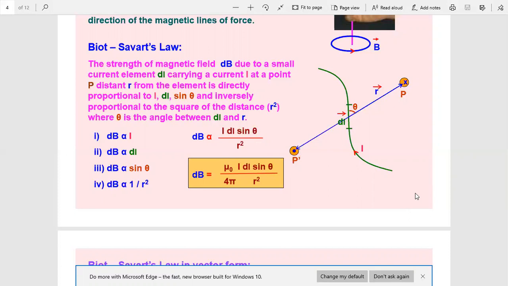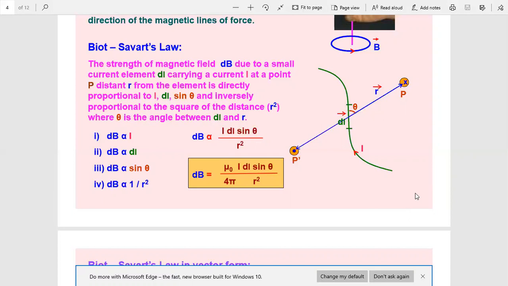Therefore, Biot and Savart and their co-associates started performing experiments in order to measure the strength of magnetic field or magnetic impact produced around a current carrying conductor.